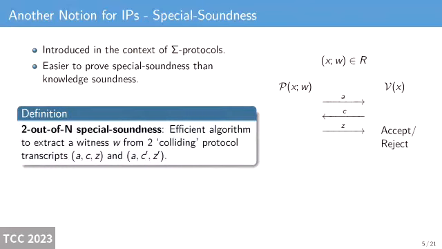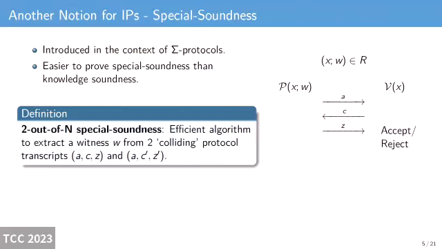So special soundness was originally defined in the context of Sigma protocols, which are 3-round interactive proofs. Suppose we have such a 3-round interactive proof in which the second message from the verifier to the prover, C, is sampled uniformly at random from a challenge set of size n.